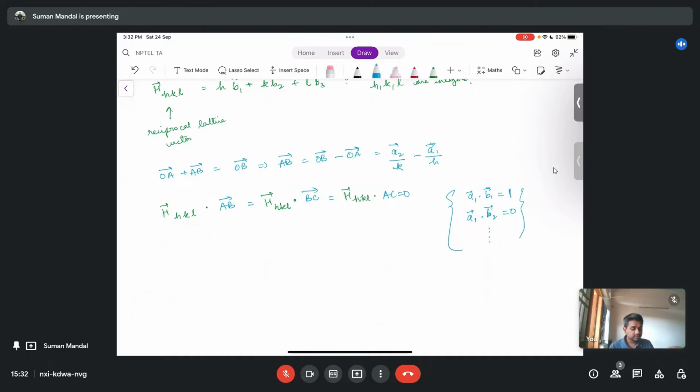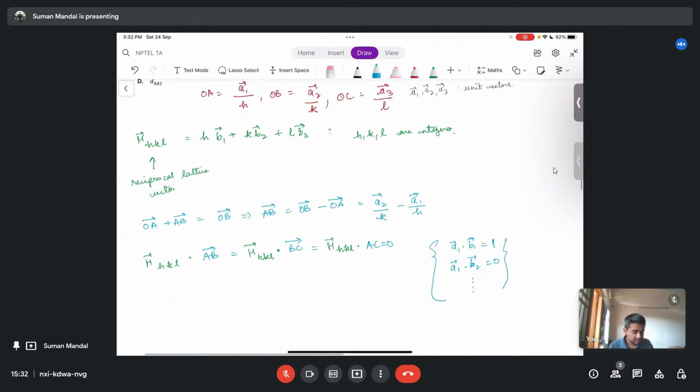If you put in the values, A2 dot B2 is 1, and K into K, they multiply and cancel each other. So we have 1 minus 1 because there is a negative term here. So 1 minus 1 becomes 0.